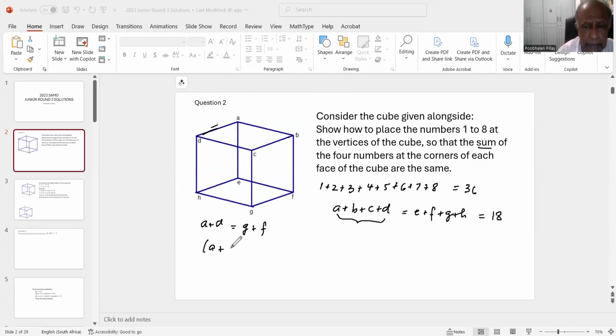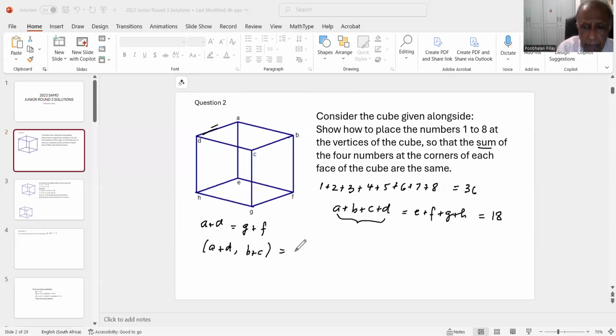We'll take the pair A plus D, that one, and B plus C. Okay, now the four numbers add up to 18.